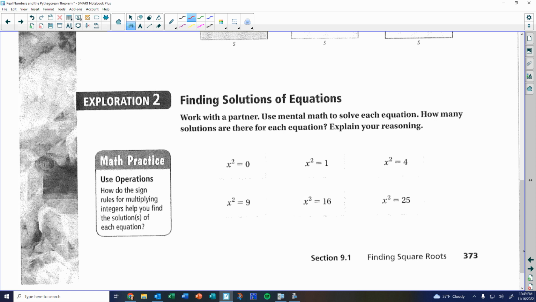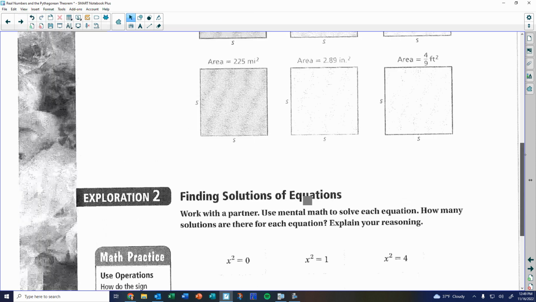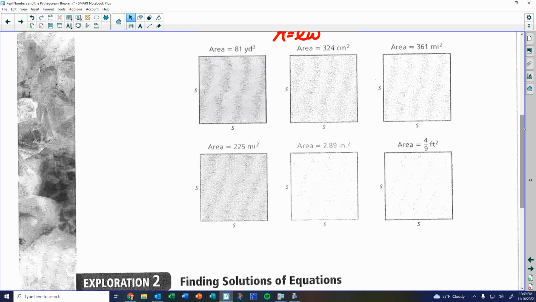The equal sign. Isn't the word equals kind of in equations? So you're going to solve for x. What number squared, meaning what number times itself, gives you 0, 1, 2, 4, and so on. We're going to give you about 15 minutes to work on these 2 little explorations, and then we're going to come together and see how you did.